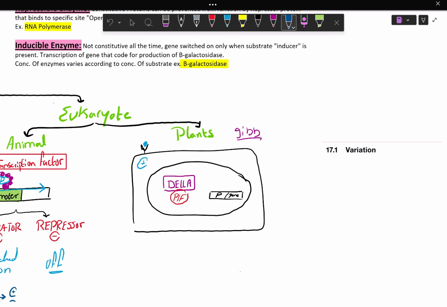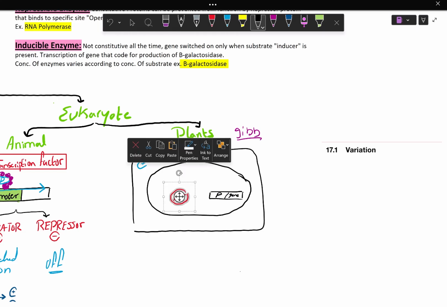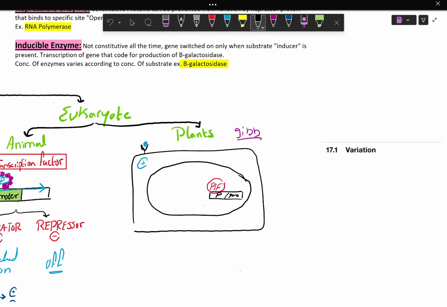Once those enzymes are activated and the DELLA protein is destroyed, the PIF transcription factor is free to go and bind on the promoter. Once it binds on the promoter, it allows the RNA polymerase to bind, and it can now activate the genes. So now the plant can activate the genes that code for hydrolytic enzymes, so the seed can germinate.